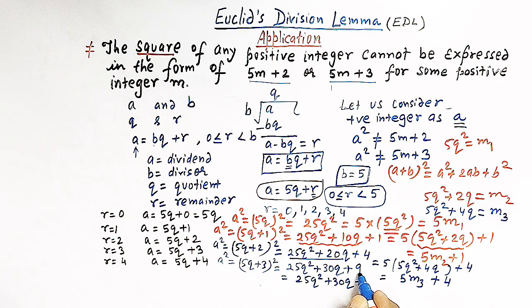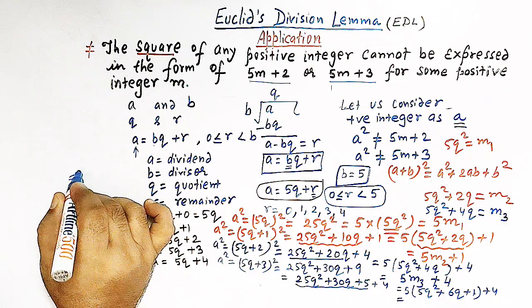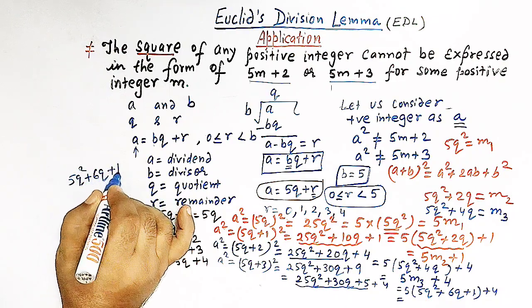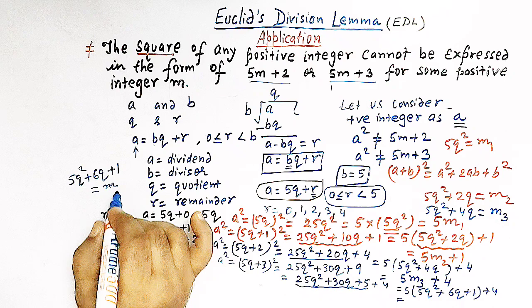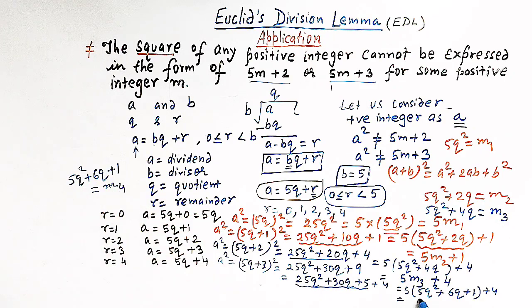We can split this 9 in the form 5 plus 4, and now we can combine these three terms, right? So when we combine these three terms and we take 5 common, we have 5 times (5q square plus 6q plus 1), and here we have 4. So now we can denote 5q square plus 6q plus 1 by some other integer, say m4. So here we have 5 times m4 plus 4.